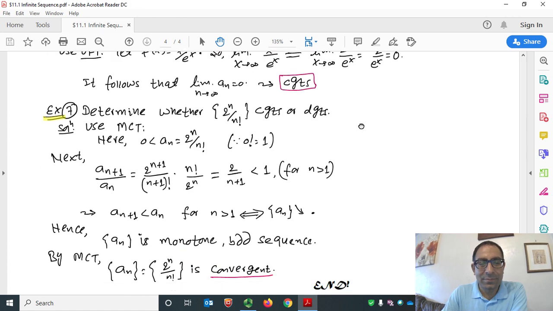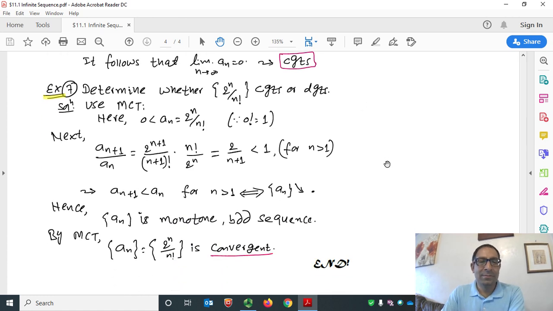Great. Let's do number 7. Determine whether the sequence 2 to the n over n factorial converges or diverges. This time let's use the monotone convergence test. Here, our nth term is 2 to the power n over n factorial. Then let's look at the ratio of the n plus 1 term over the nth term.